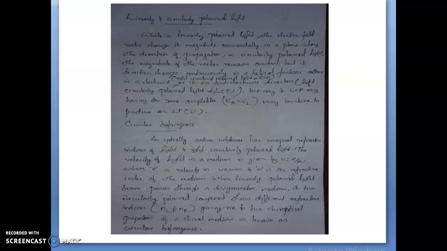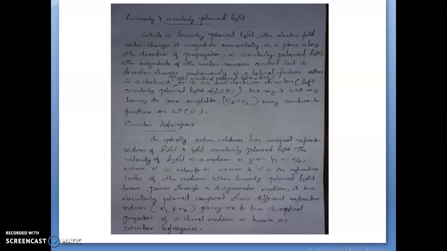In a clockwise direction, it is known as right circularly polarized light, noted as RCP, or in an anti-clockwise direction, it is known as left circularly polarized light, noted as LCP. The RCP ray and LCP ray have the same amplitude. That means the electrical vectors of these two, ER and EL, will be the same, and they combine to form a linearly polarized light E.